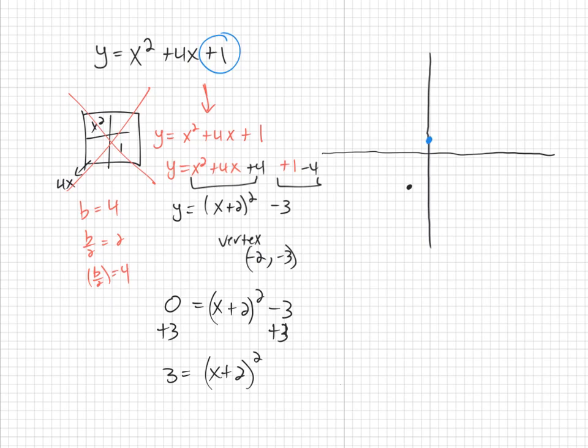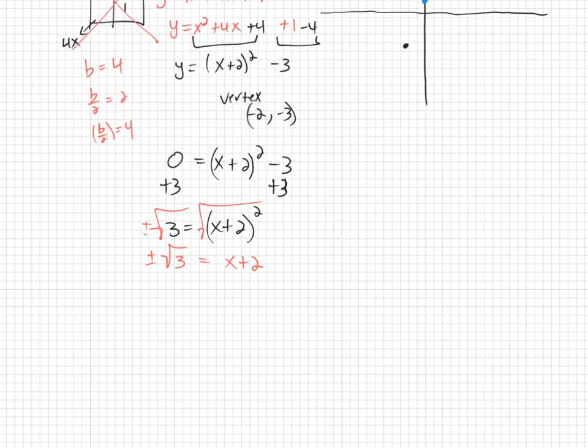And we've got to take the square root of both sides, but that means we get plus and minus. So we get plus and minus the square root of 3 equals x plus 2, and to finish that off, we're going to subtract 2, so -2 plus or minus the square root of 3 is equal to x.